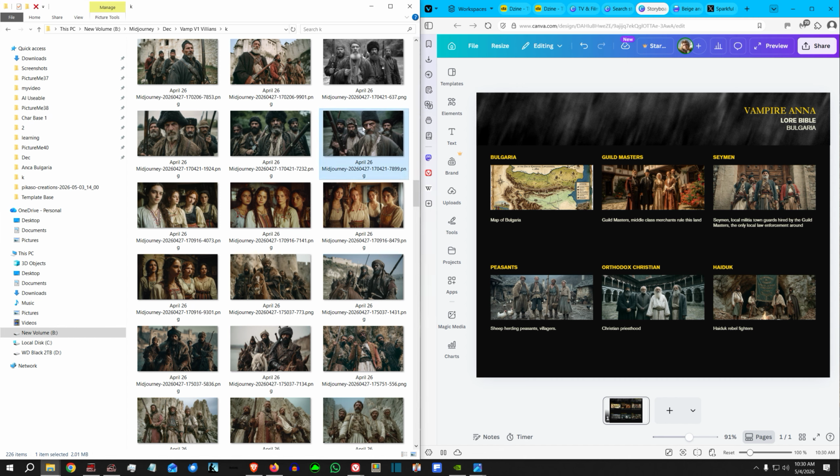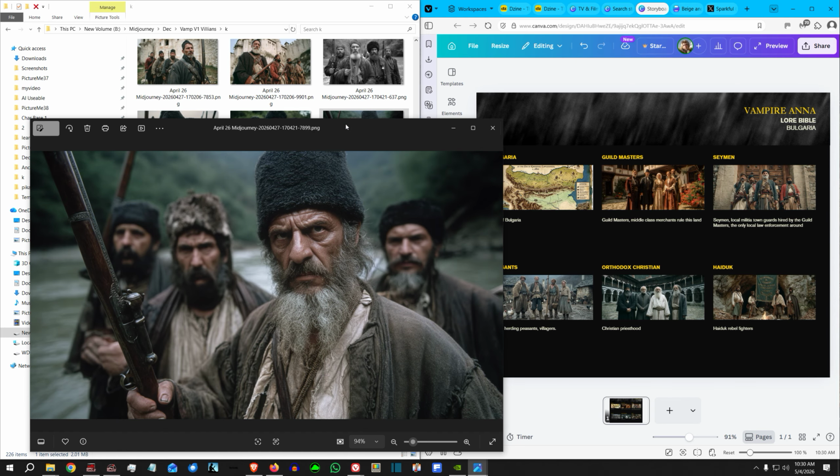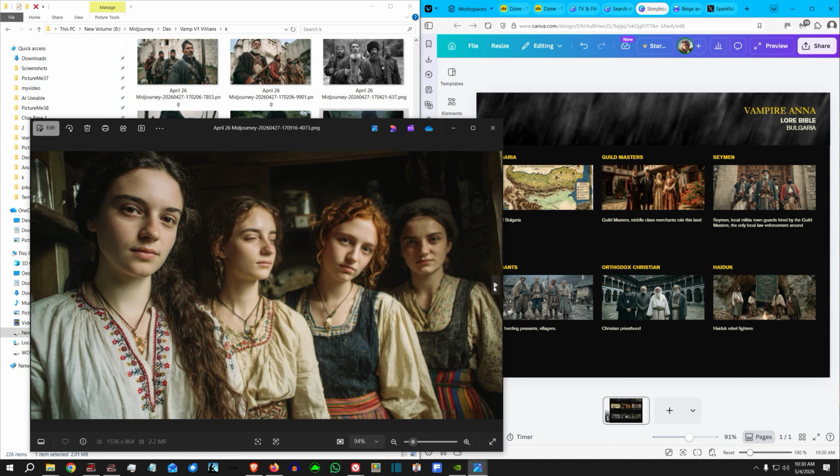Like here is a father, a Bulgarian rebel fighter who went up to Wallachia. This guy. And then these are basically his daughters, and they're all barmaids.